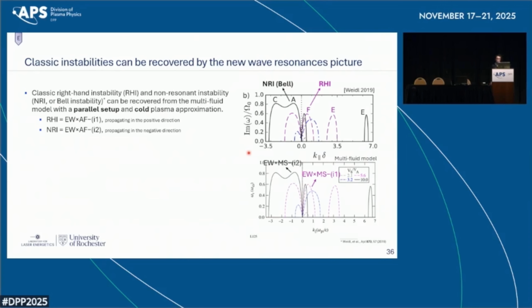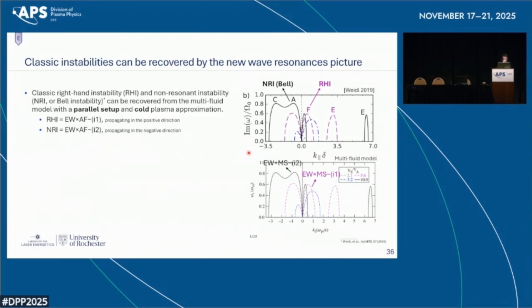So here I want to show you our new wave resonance picture can recover classic instabilities like the right-hand instability and non-resonant instabilities or Bell instability. We can apply a parallel setup and we can apply a cold plasma approximation.